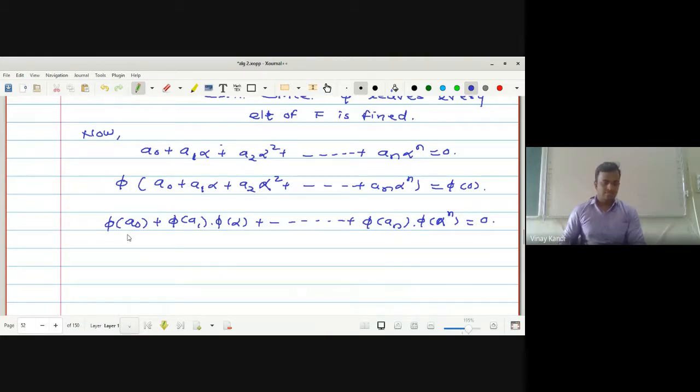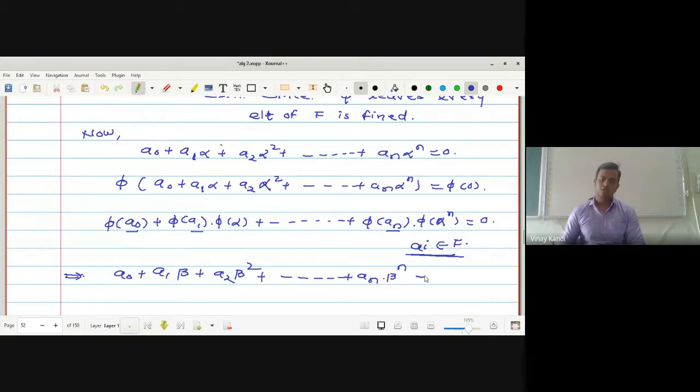Now here a naught, a1, an, all the ai's belong to field F, and phi leaves every element of F fixed. So this implies a naught plus a1 into beta plus a2 beta square up to so on an beta raised to n is equal to 0.